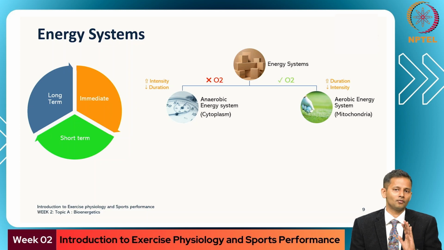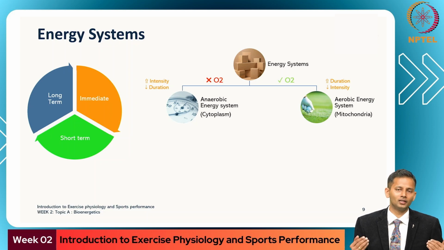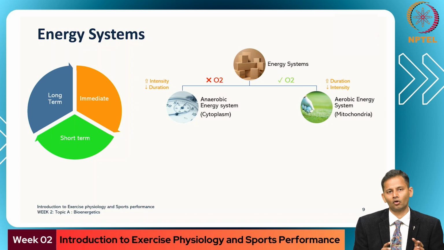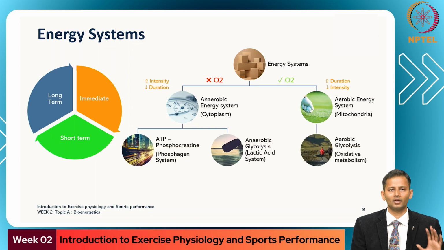Whereas if oxygen is available and you have adequate time, or the activity you need to perform is over a period of time and the intensity is not that high, then your body relies more upon the aerobic system. The aerobic system generally happens in a specific cell organelle called the mitochondria. We would have studied about the powerhouse of the cell. Mitochondria is the powerhouse of the cell, where all the aerobic energy chemical reactions happen.